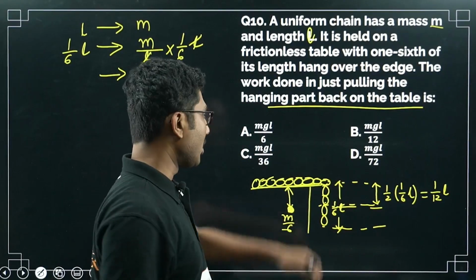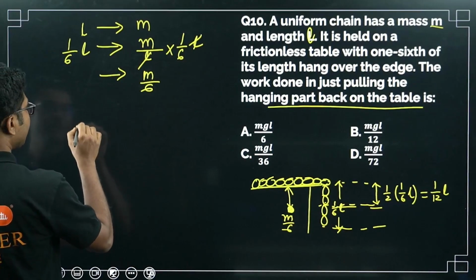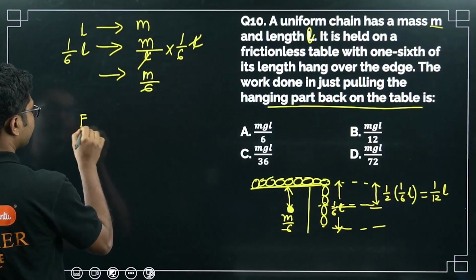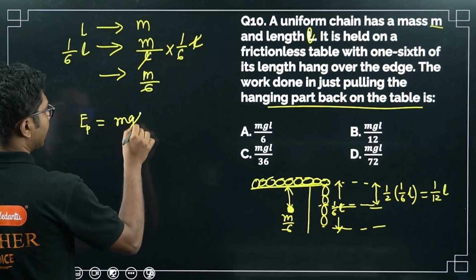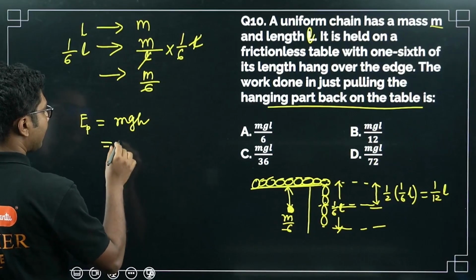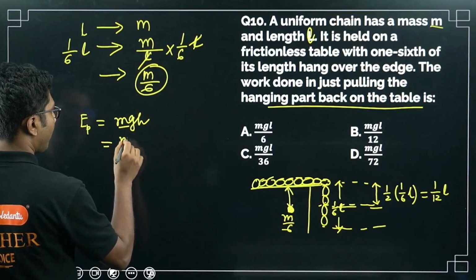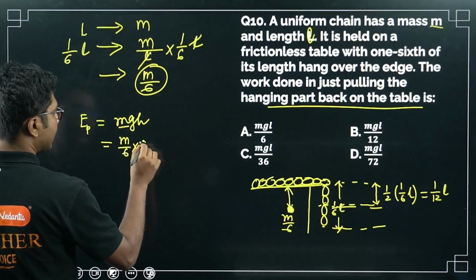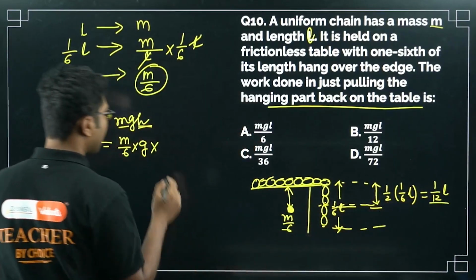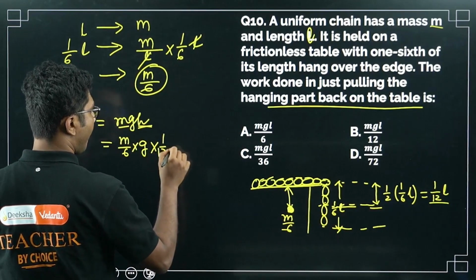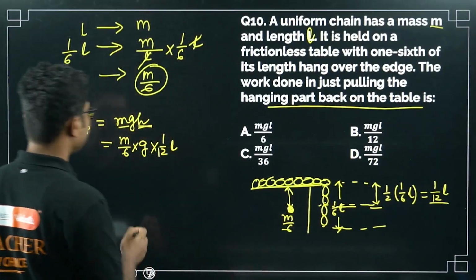So how much work you have to do to lift it from here to here? So what is the potential energy? Potential energy in this case is mgh. It will obviously be negative because it is hanging below, but here the m is m/6, g will be g, and h is this height, 1/12 L. Do not use 1/6 L in this case, then you will make a mistake.